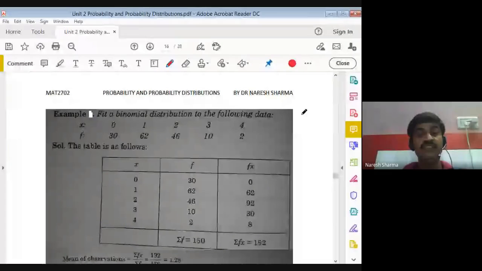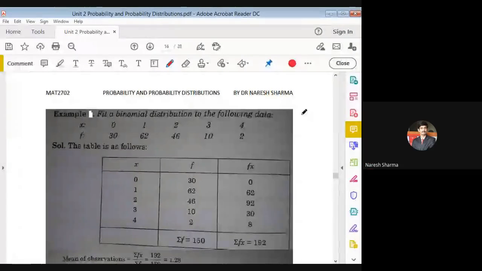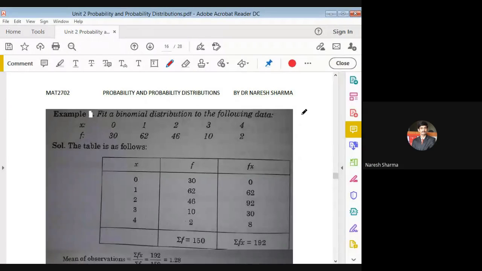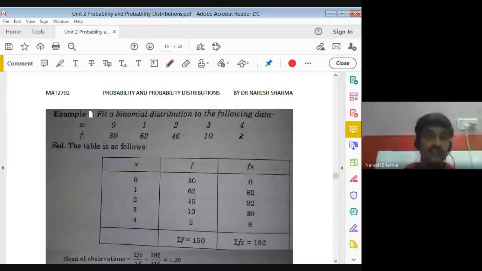That means you can write data as a frequency distribution, as a binomial distribution, or as a Poisson distribution. But the basic properties, that is the mean of the data and the variance of the data, are always unchanged, right? Unless we change the data.